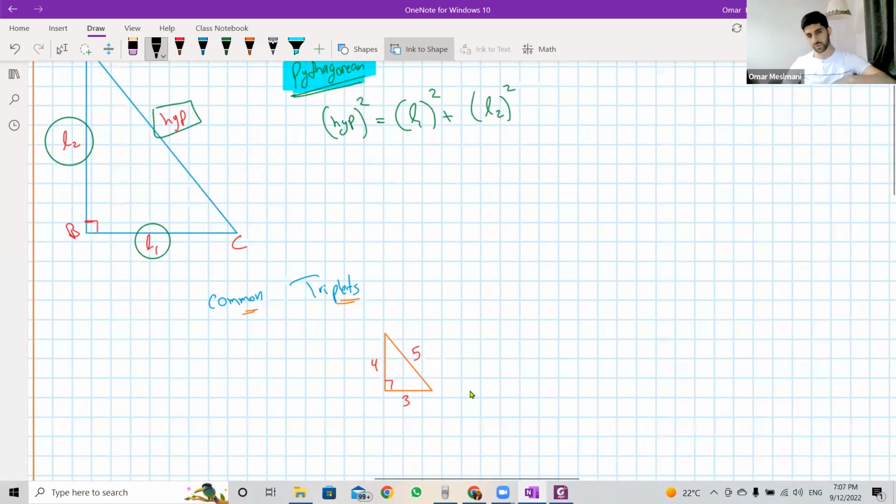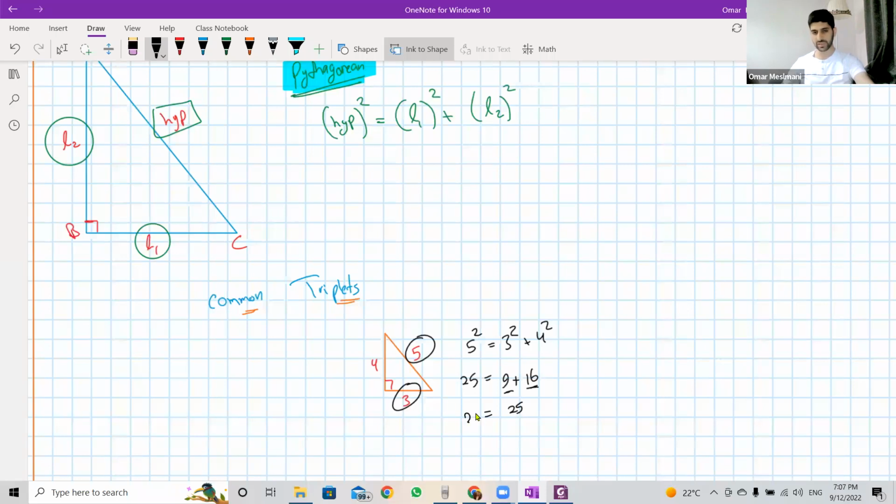If you want, I can prove it to you. By Pythagorean, if you take the hypotenuse and square it, it has to equal 3 squared plus 4 squared. 5 squared is 25. 3 squared is 9. 4 squared is 16. 16 plus 9, is it 25? Yes, it is 25. So this triplet, 3, 4, 5, is one of the most important.